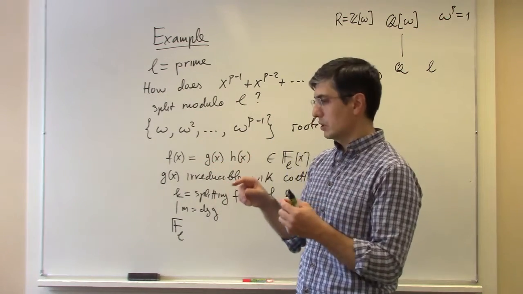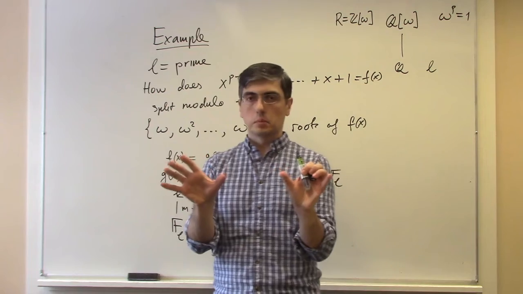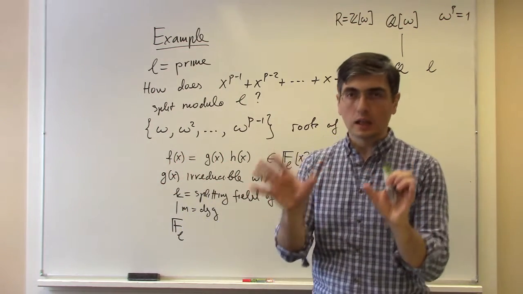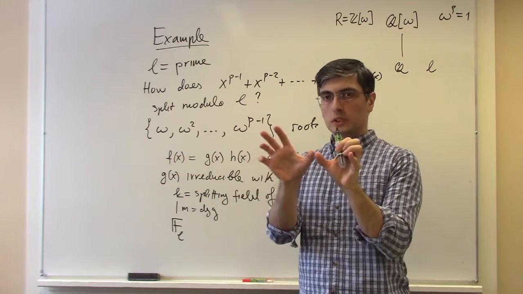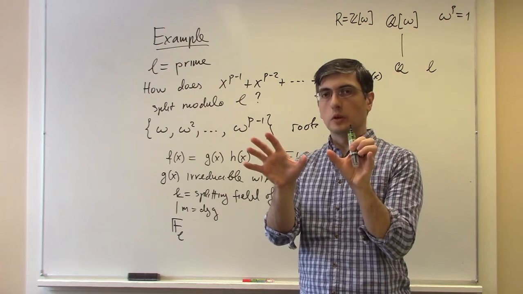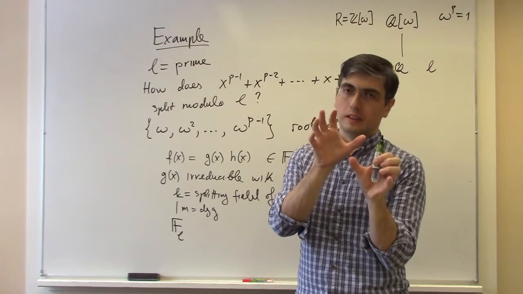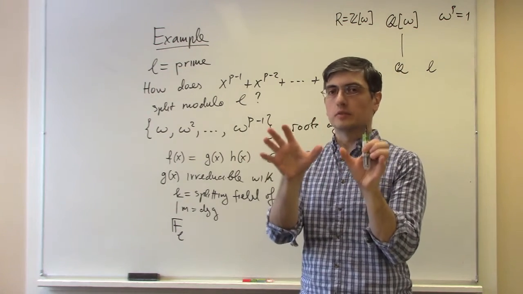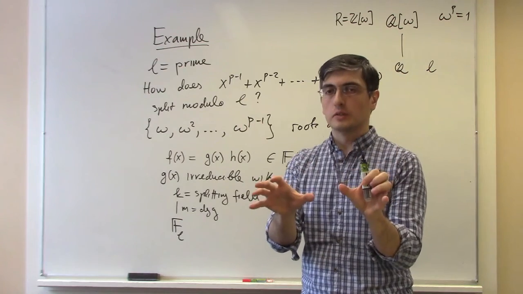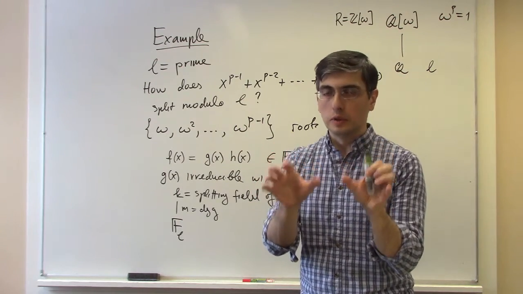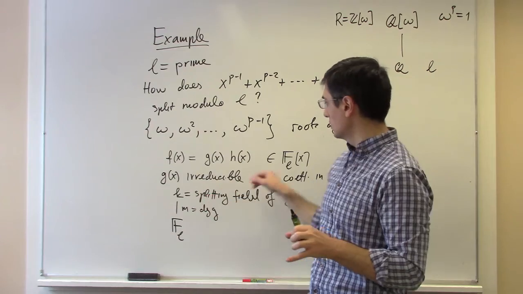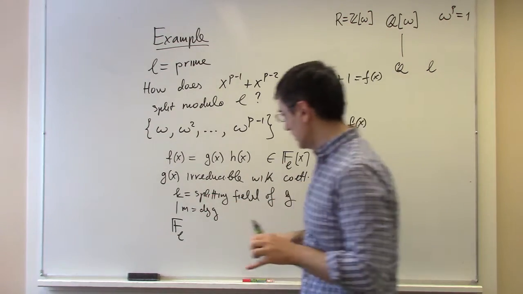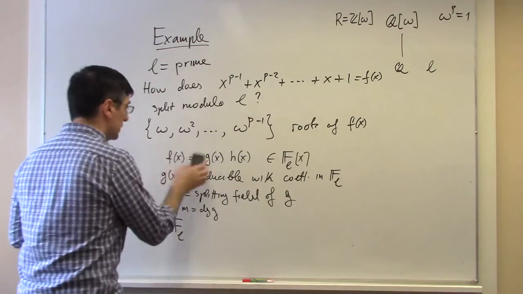This is important, because if there were two separate cycles, and you wrote a polynomial which has each cycle as its set of roots, the coefficients of that polynomial would be fixed by the Frobenius, so they would be in F_L.